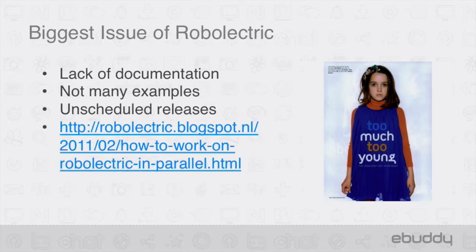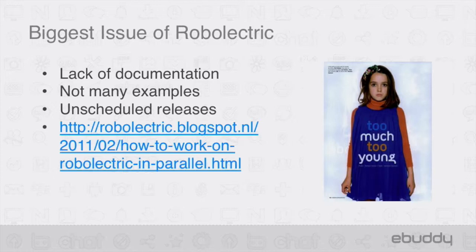Robolectric is already 2 years old, but it's still in active development. You can imagine how big the Android jar is, how big the Android APIs are. They also ship new updates every year, every half year, and they need to support that. The biggest issue, for me, is that it's not mature.